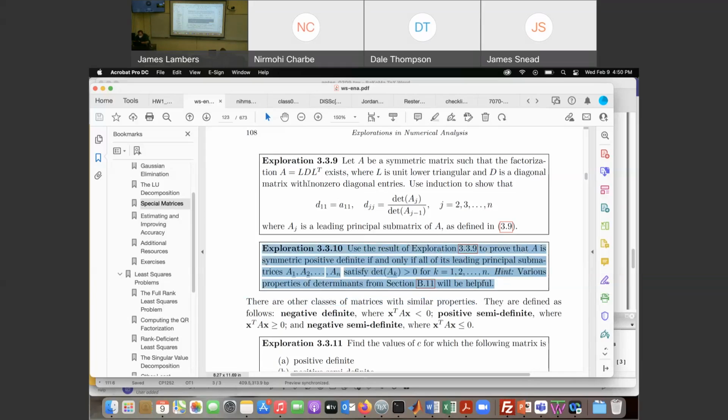So the LDLT factorization is very helpful for proving that existence criterion.